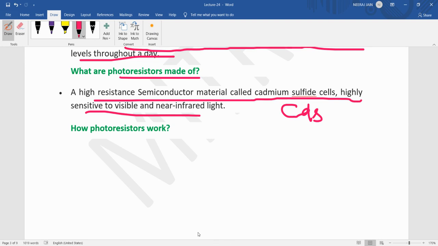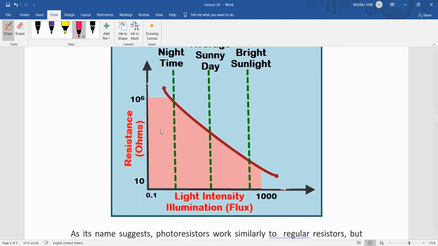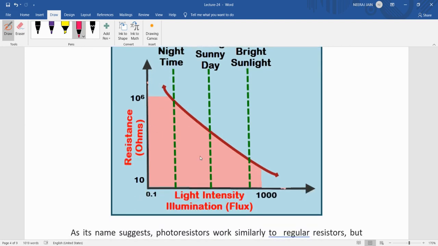Then how the photoresistors work: when the light falls, the resistance will decrease as the intensity of the light increases, as shown in the curve. When the intensity is lesser, at night time the intensity is very low, the resistance is very high.